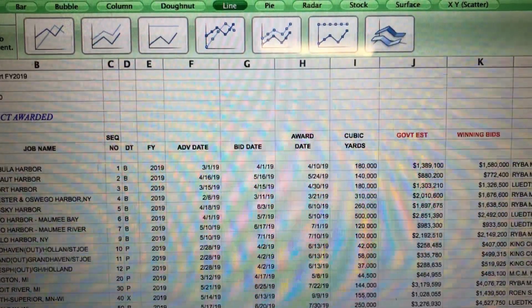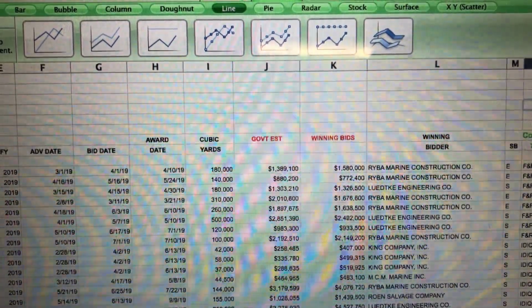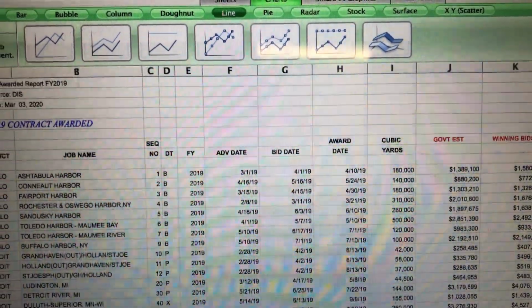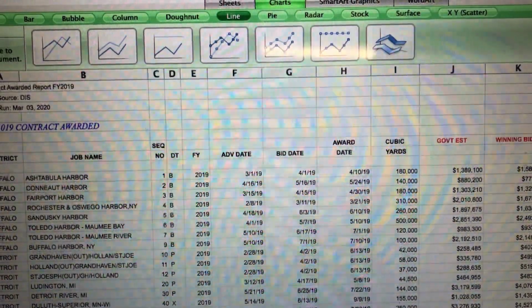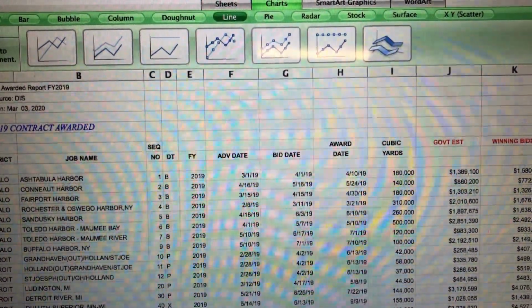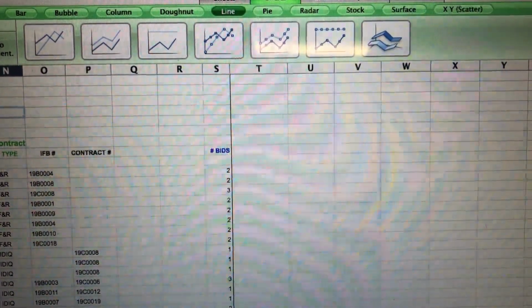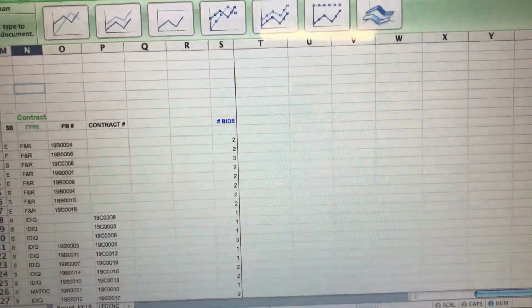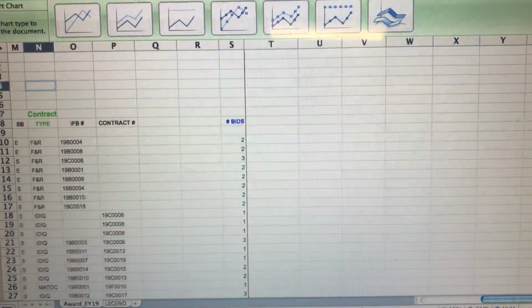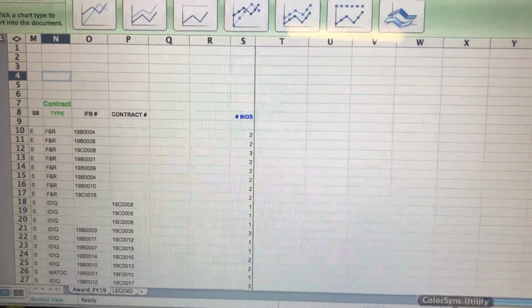So for that, I have selected to analyze the number of bids, so how many bids each contract has received.